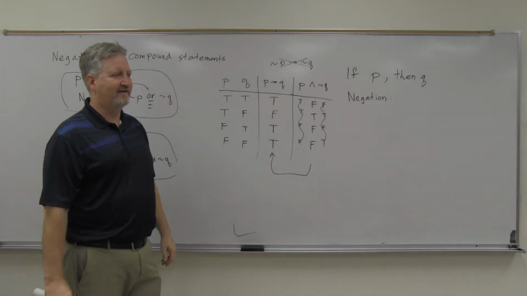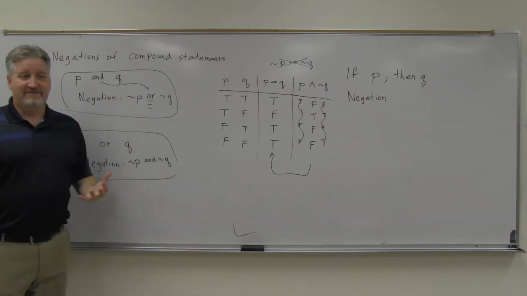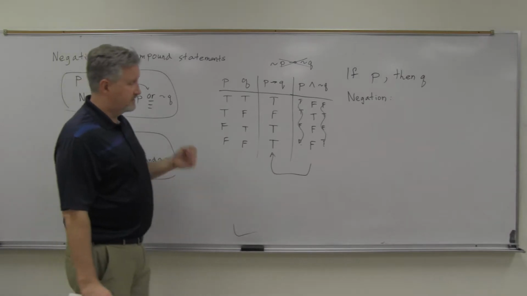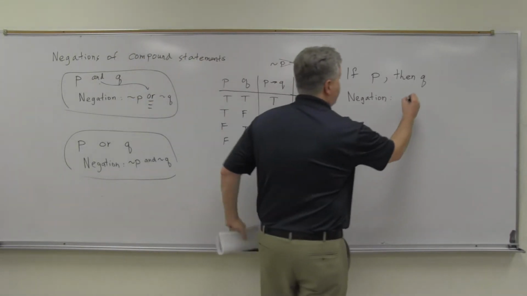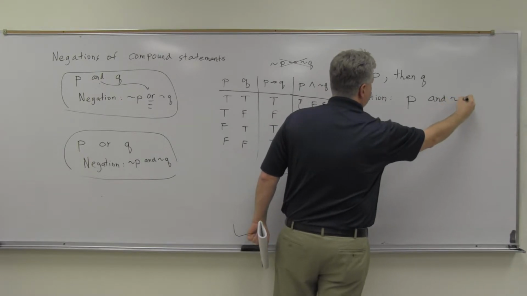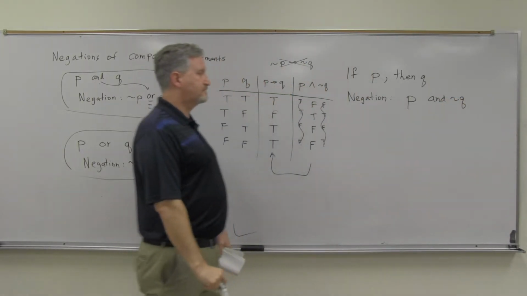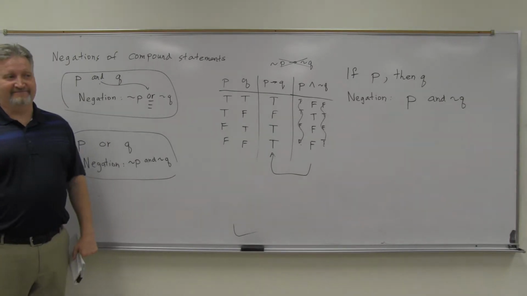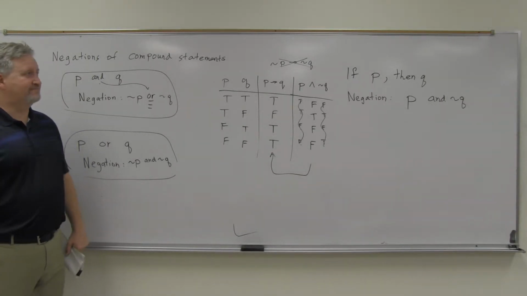It's a dot, okay. So it turns out to negate the conditional statement, you do P and not Q. So it's a little bit tricky, but that's how it works.